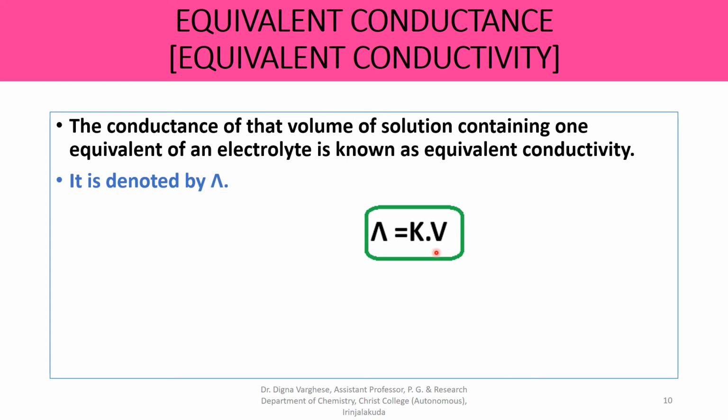If N is the normality of the solution, that is concentration in gram equivalent per liter, volume is replaced in terms of normality. Therefore, lambda is equal to K into 1000 by N, where N is the normality.